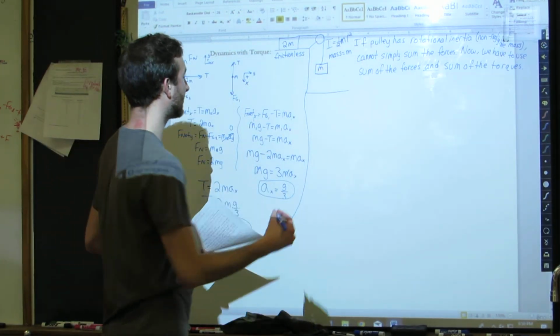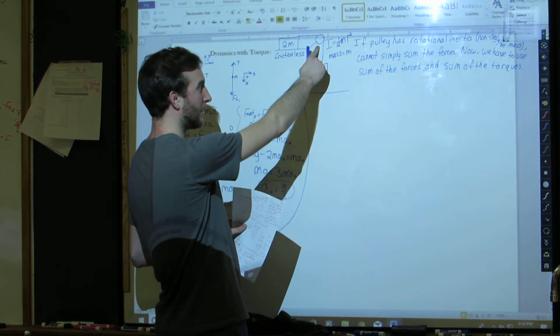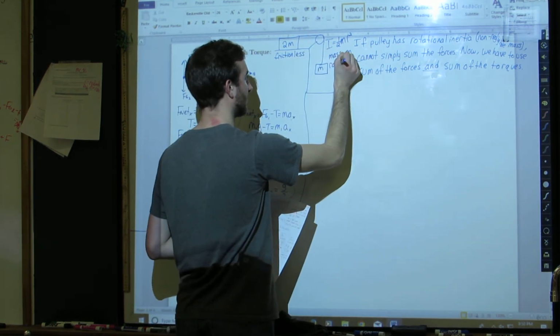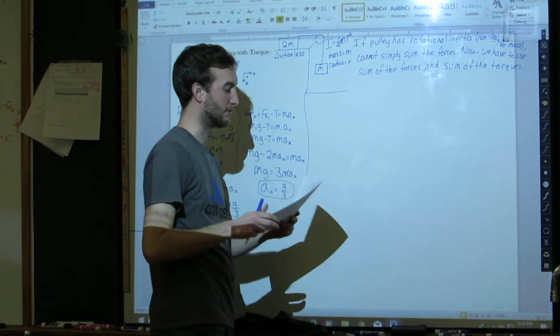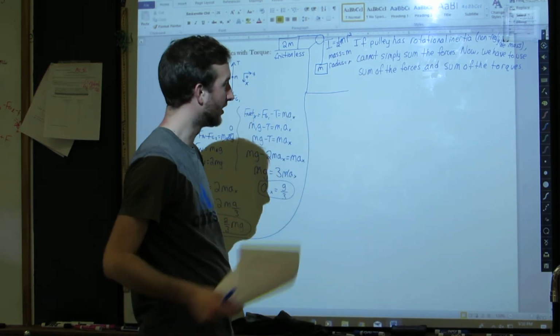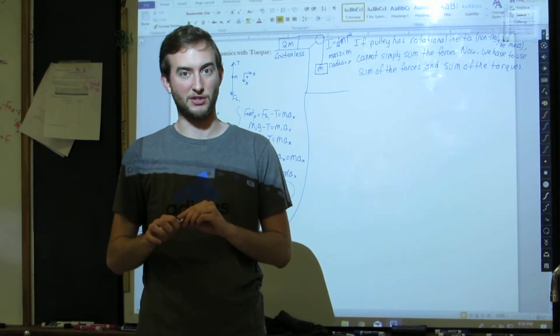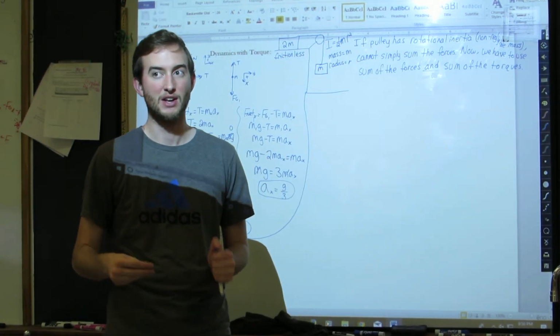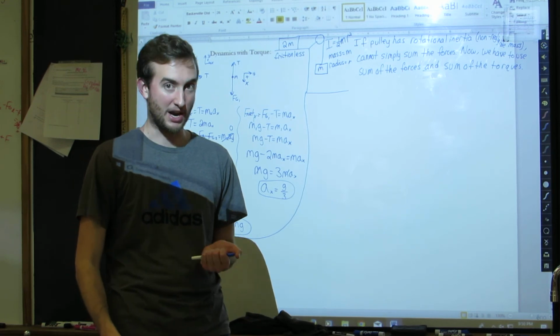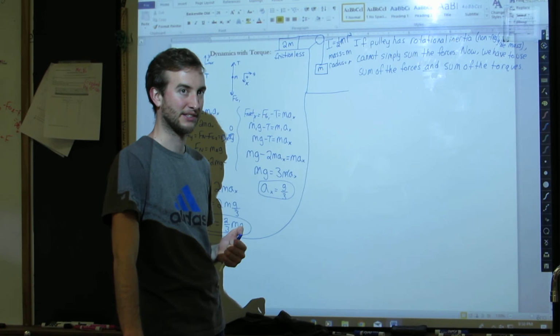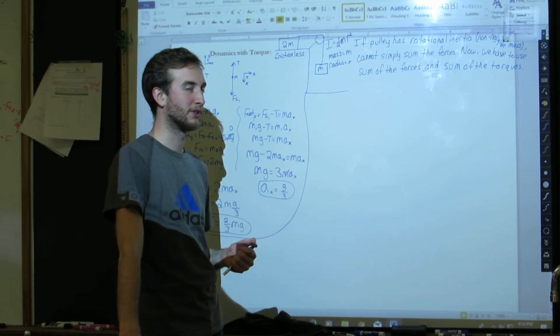You can probably guess that r for the pulley, this little disc that's rotating, is the radius. Radius equals r. Okay? So, if the spinning disc part of the pulley has a mass, our problem just got more complicated. We now have to deal with the torques that act on this. Okay? That's part one. We have to deal with some of the torques.